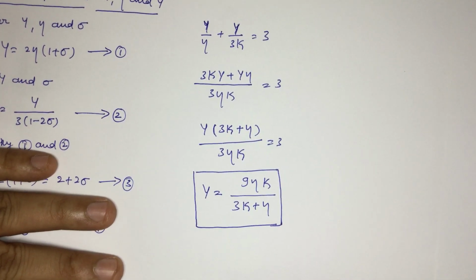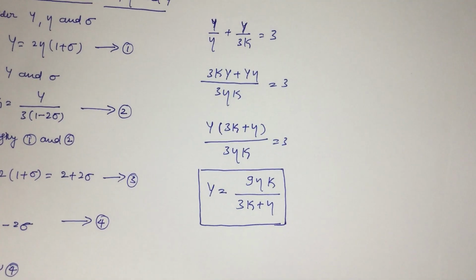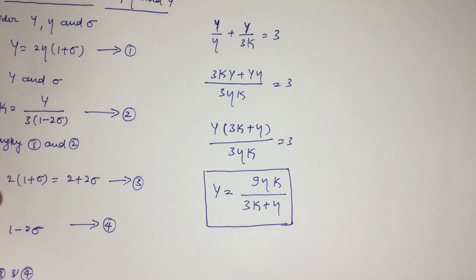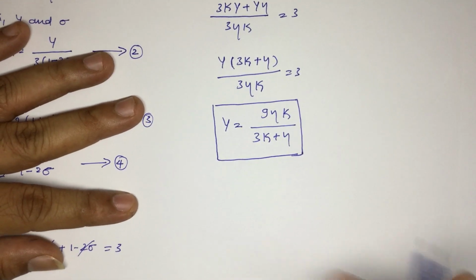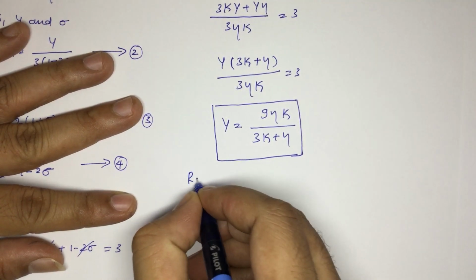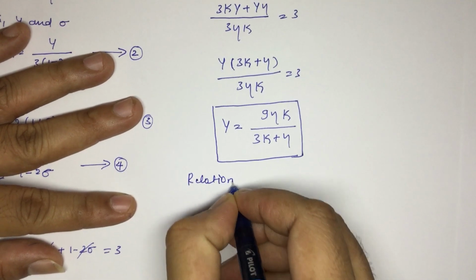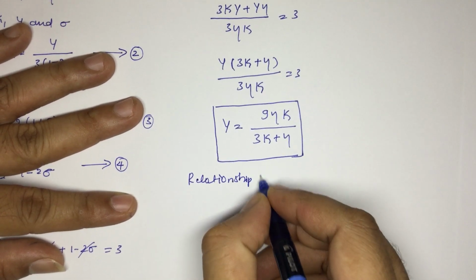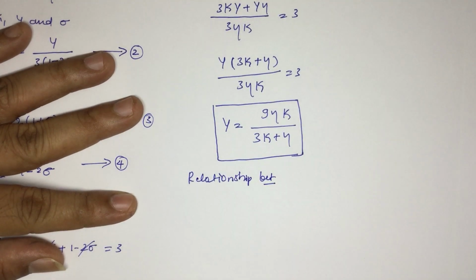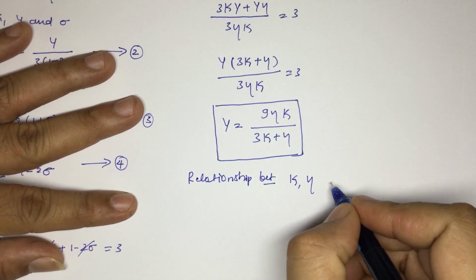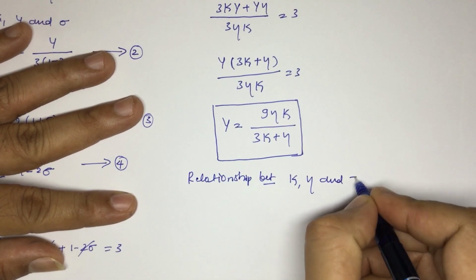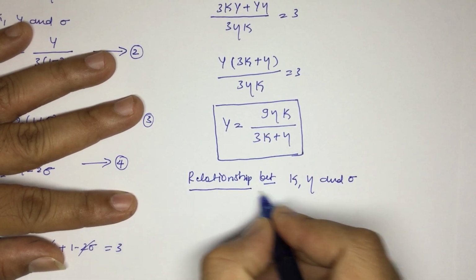Now let us continue with one more relationship, that is the relationship between k bulk modulus, rigidity modulus eta and Poisson's ratio.